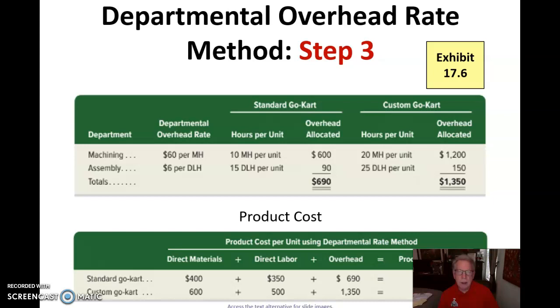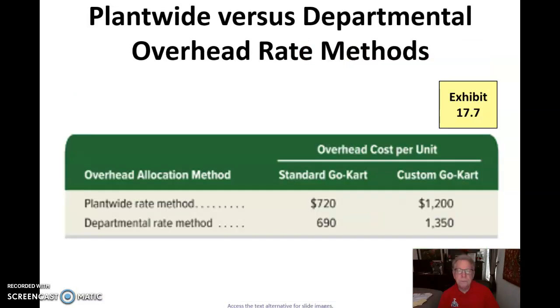But both methods, the plant-wide rate and the departmental overhead rate, result in slightly different product costs per unit. And here they are. The overhead cost per unit and the departmental rate methods. So slightly different.